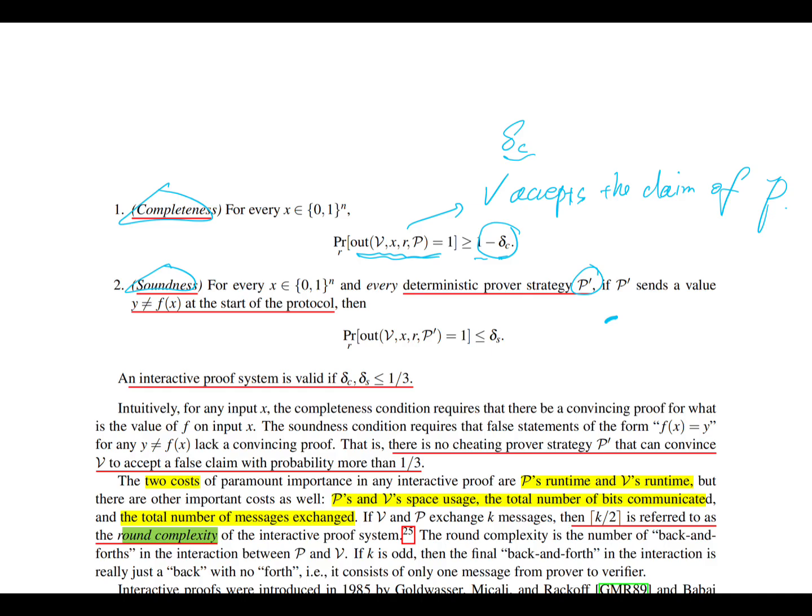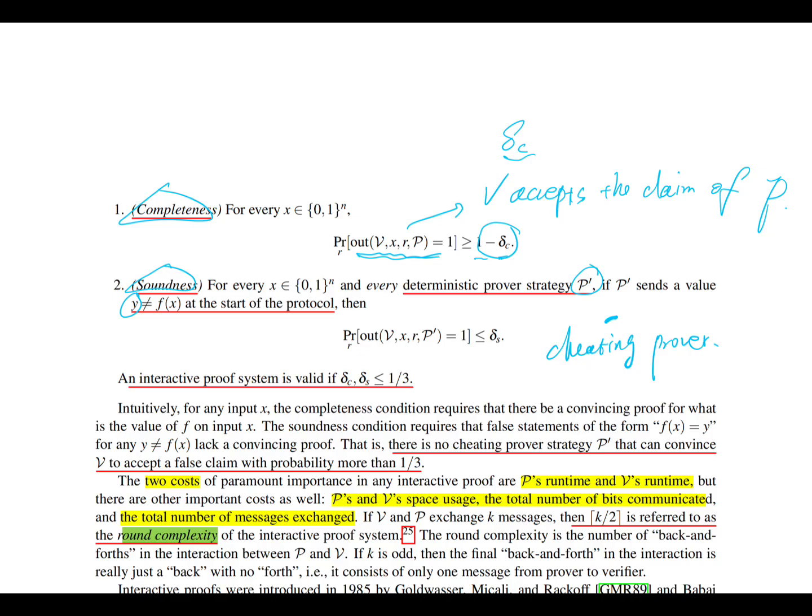So what is P prime? We can think of P prime as a cheating prover. The cheating prover is also deterministic, and if P prime sends a value y that doesn't equal f(x) at the start of the protocol, the cheating prover also wants the verifier to accept his false proof.